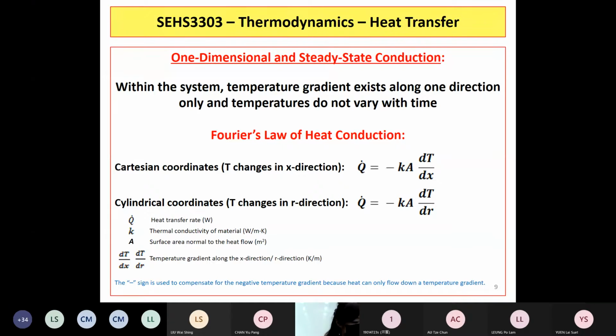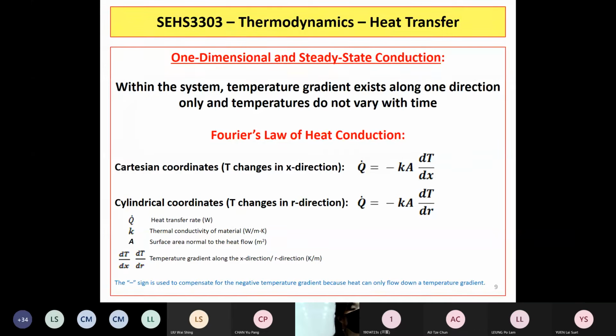Steady state. You have learned fluid mechanics in the last semester, so you should know the word steady. That means the properties do not change with time. So here, the temperature does not vary with time.